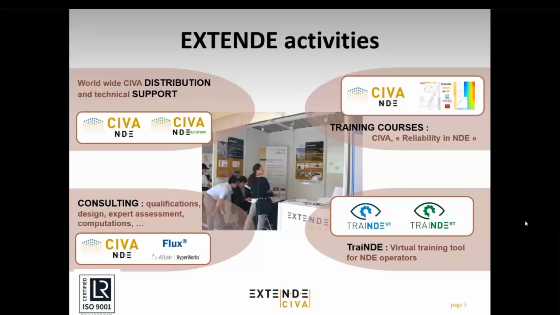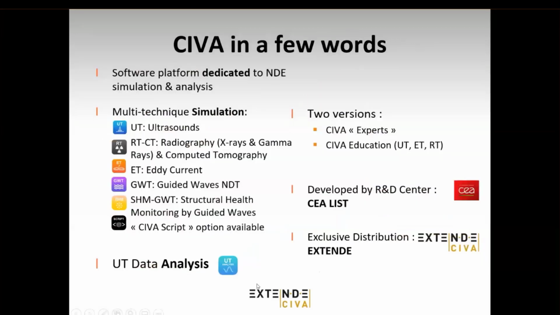But today, the scope of this presentation is CIVA, and more precisely CIVA for structural health monitoring. CIVA in a few words: the SHM module comes, of course, on a platform that already includes a few applications, a few modules for simulations of UT inspections, X-ray inspections, or gamma ray inspections.